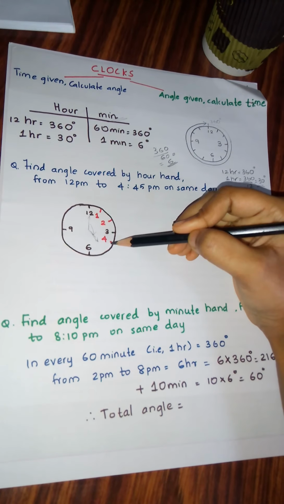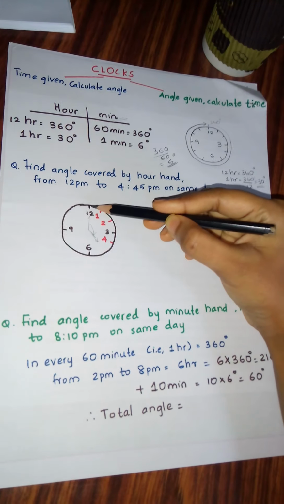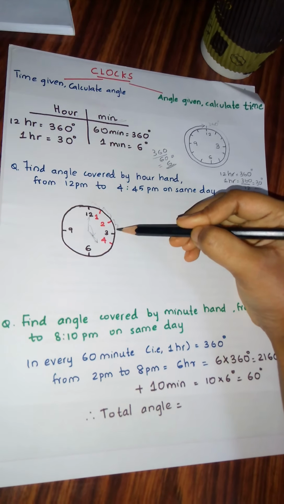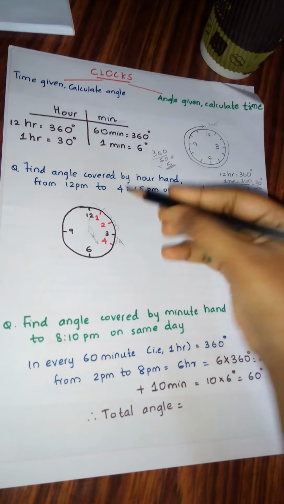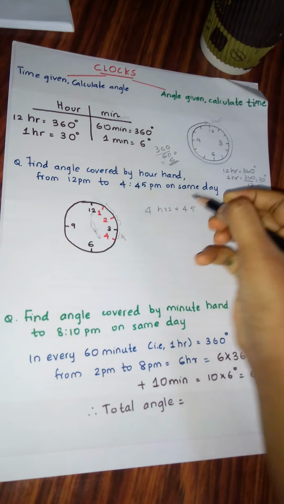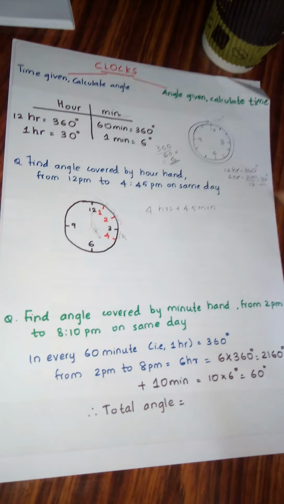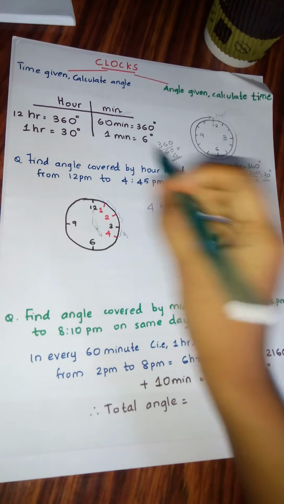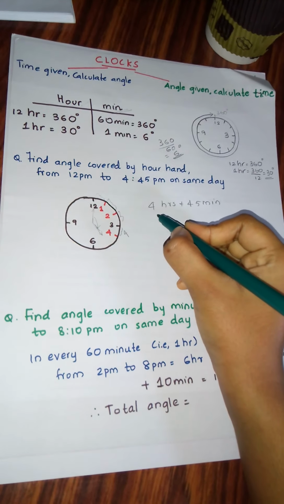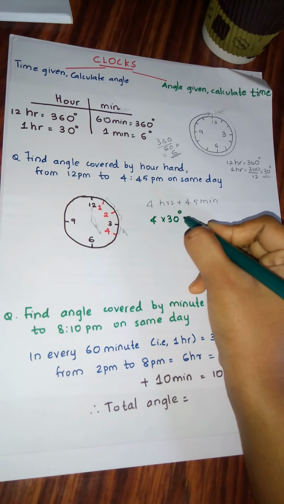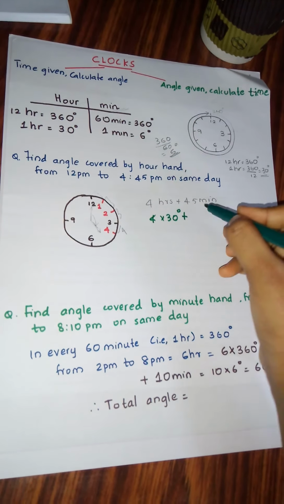So from 12 to 4:45, 1 hour is completed, 2 hours is completed, 3 hours is completed, 4 hours. So 4 hours plus 45 minutes is completed. In 1 hour, we know that the angle subtended is equal to 30 degree. So in 4 hours, it will be equal to 4 into 30 degree, plus we have 45 minutes.